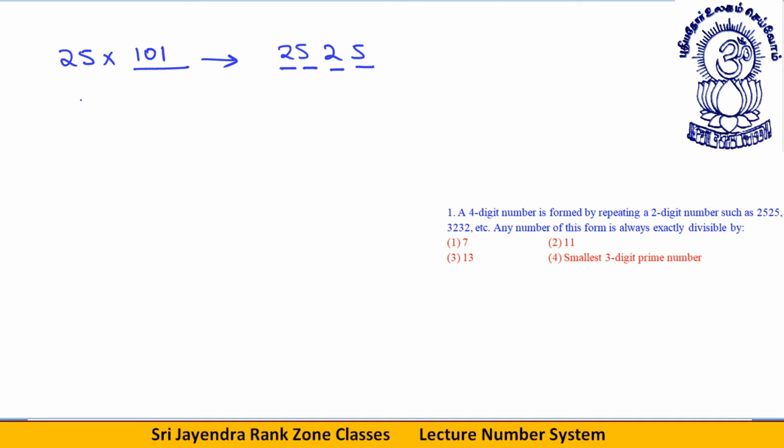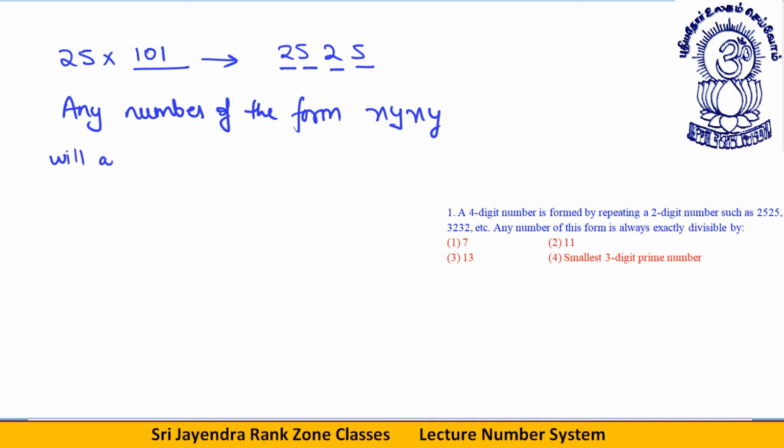So any number of the form xy xy will always be divisible by 101.